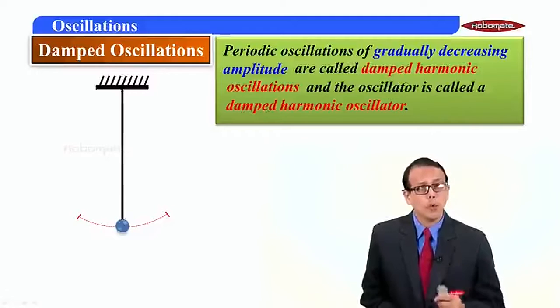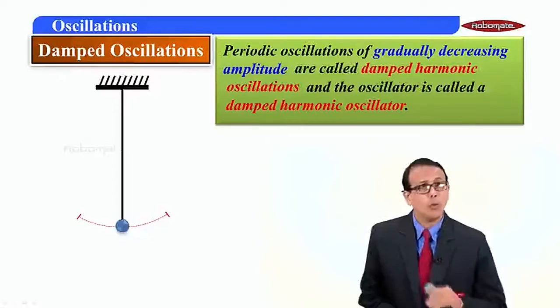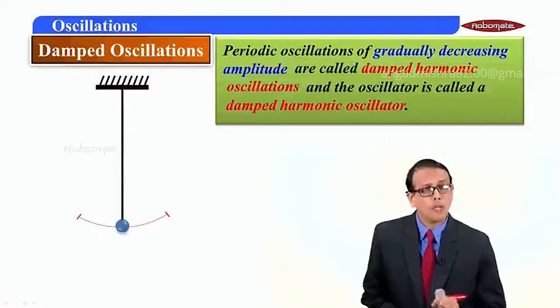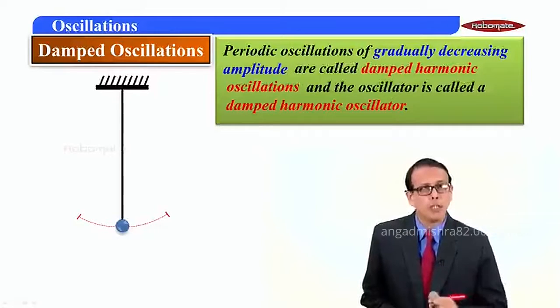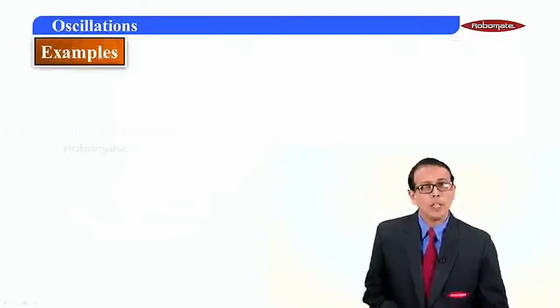So students, to conclude, the oscillations in which amplitude decreases with time are called damped oscillation, and oscillations in which amplitude does not decrease, that means remains constant, are called undamped oscillation. Whatever we have studied previous to this module is nothing but undamped oscillation, and all those formulas also correspond to undamped oscillation.